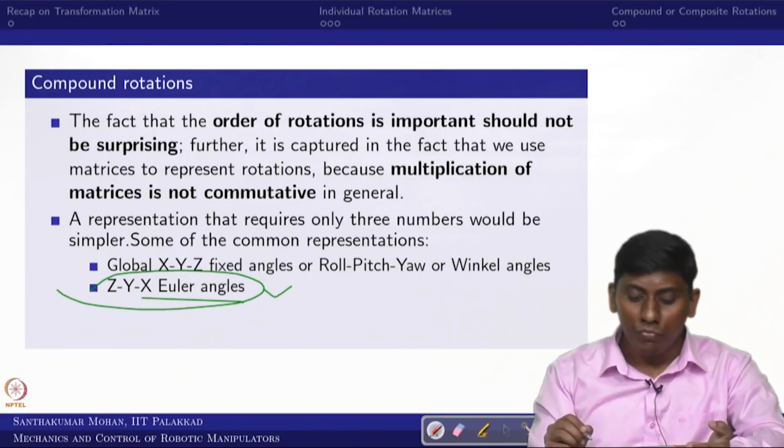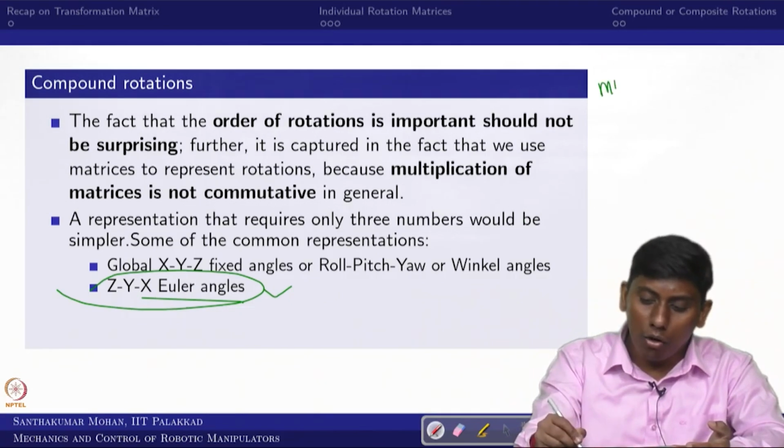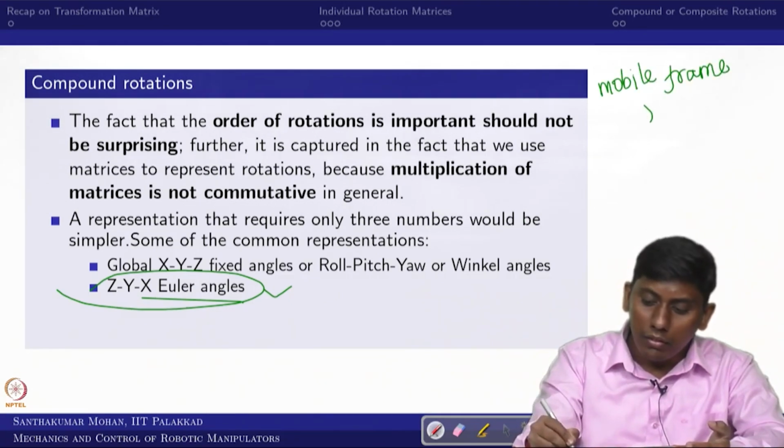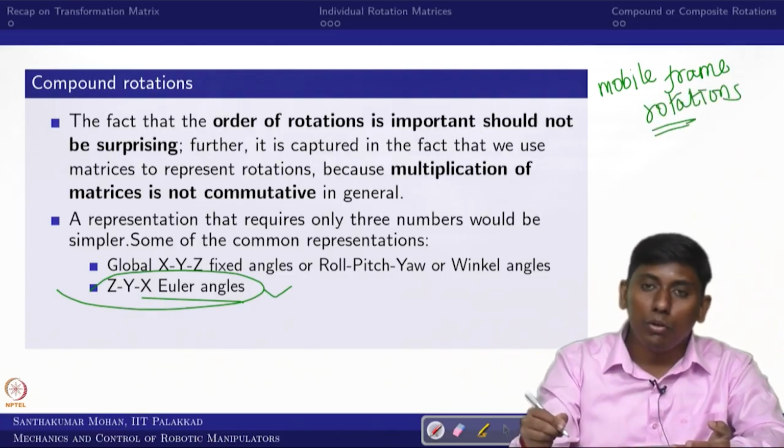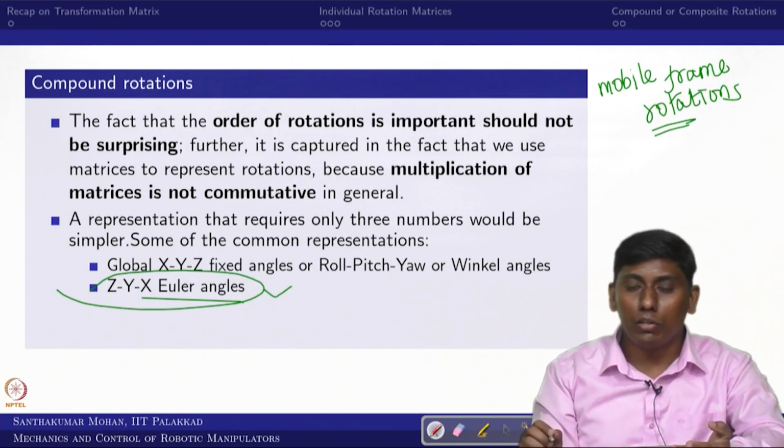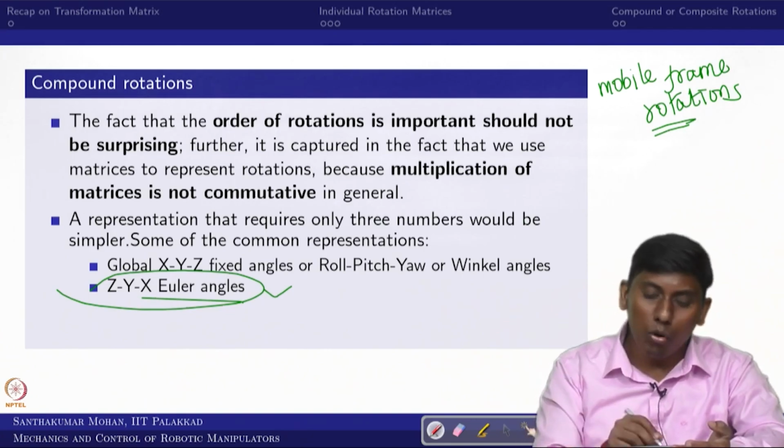What does that mean? Euler angles all talk about mobile frame rotation, so mobile frame rotation is the consideration. In that case several configurations or conventions can come, and we will take one such convention.